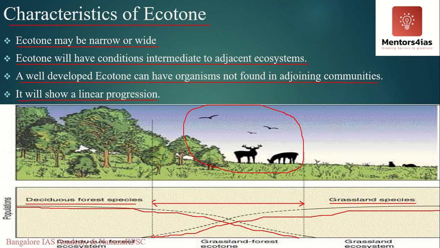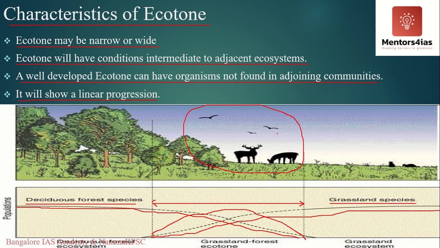Now, there is one other important thing about an ecotone. Since I said that the conditions found within the ecotone are intermediate of the two adjoining ecosystems, the ecotone will also show greater productivity and biodiversity. So even though I said that there is linear progression where the number of species may decrease from one ecosystem as we move on to the other ecosystem, and certain other species will increase in numbers, within the ecotone we may have more species compared to the adjoining ecosystems, because it will have greater productivity and greater biodiversity, because it acts as an energy net.